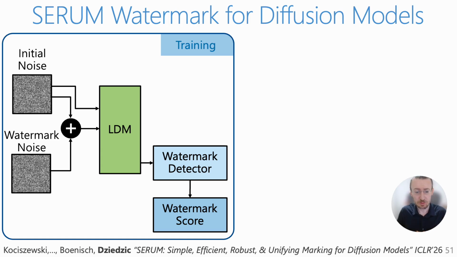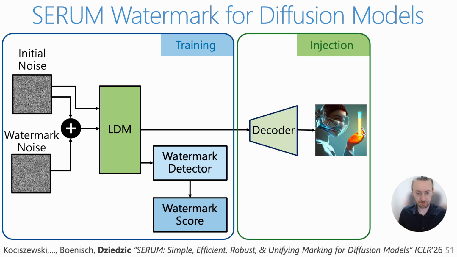what we can do is train the watermark detector. How it works is that we generate some images with just the initial noise, and some with the watermark noise. The watermark detector is supposed to differentiate between the images generated starting from only the initial noise versus the images generated starting from the watermark noise as well.